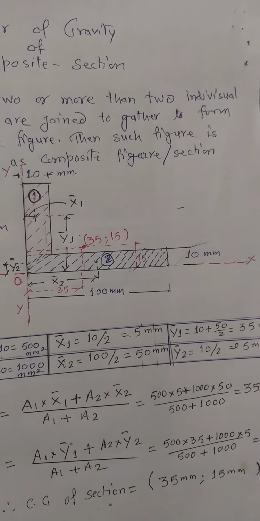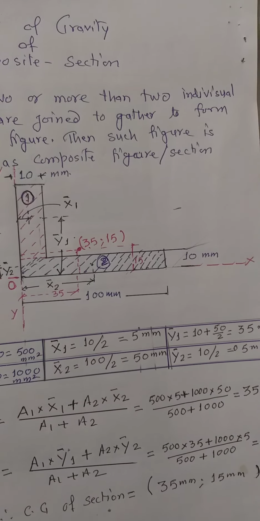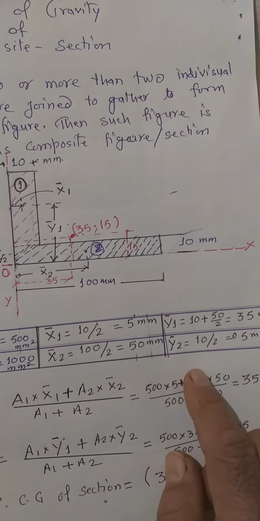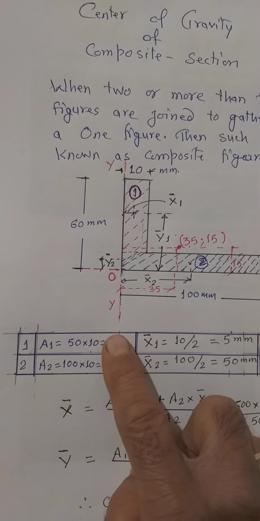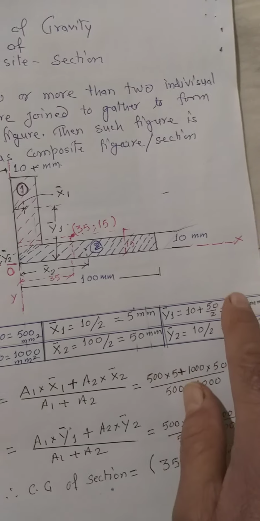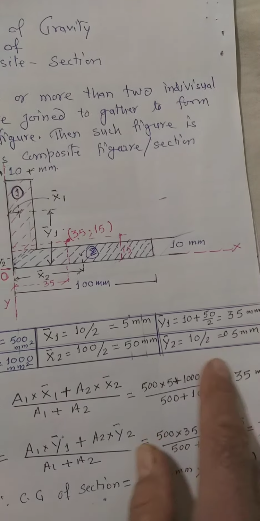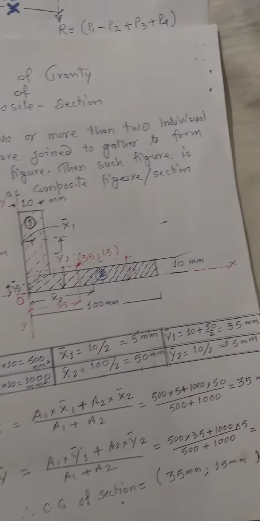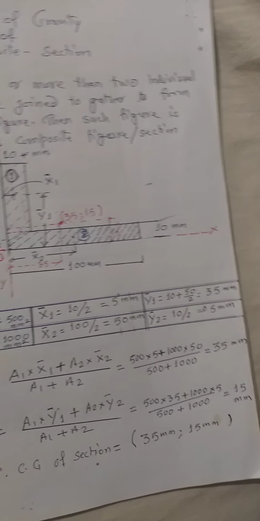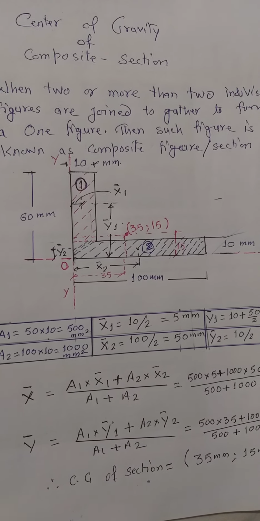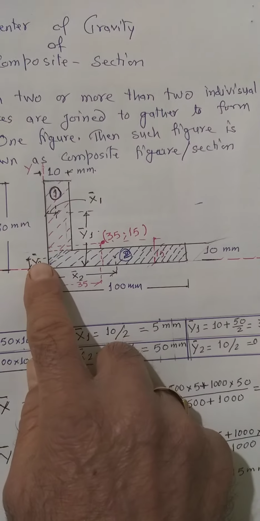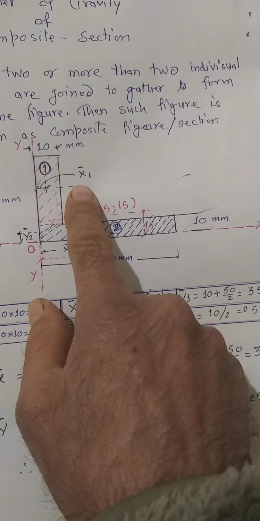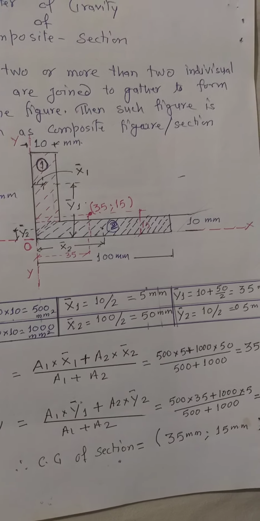Once these values of x bar 1 and y bar 1, x bar 2 and y bar 2 along with A1 and A2 are calculated and put on this table, then x bar, the CG of the composite section from this origin, that is x bar and y bar, can be very easily calculated.